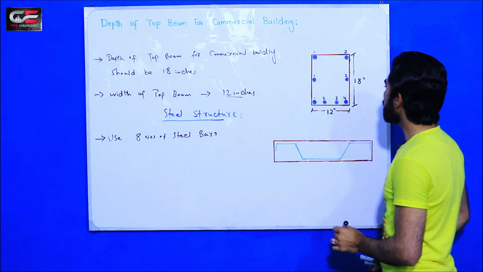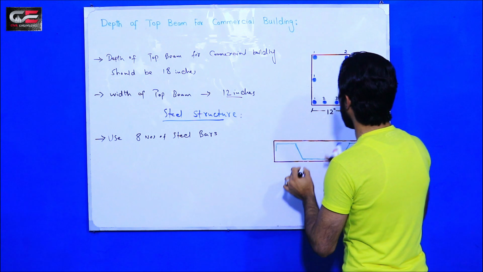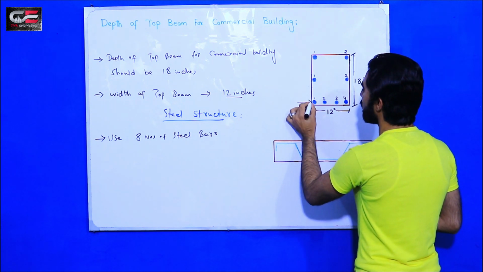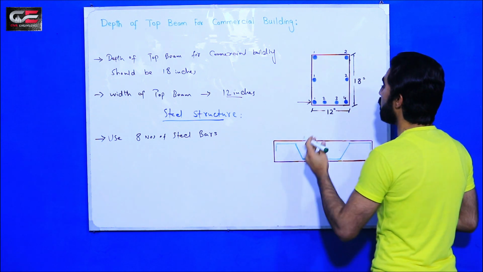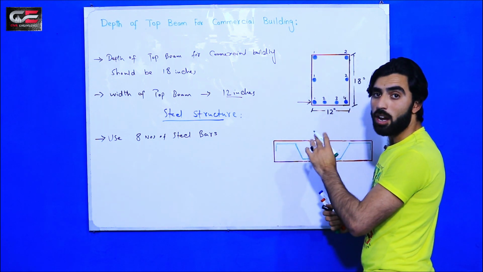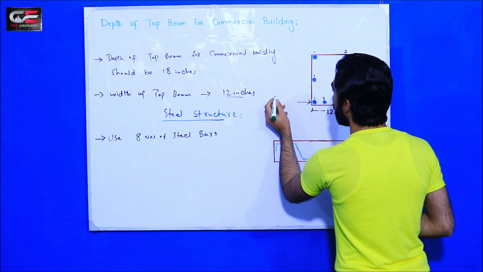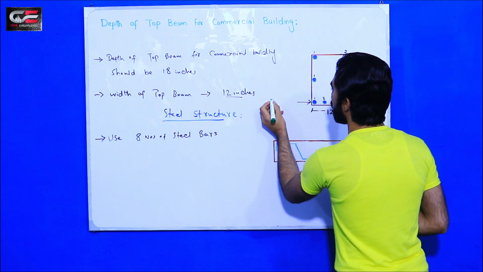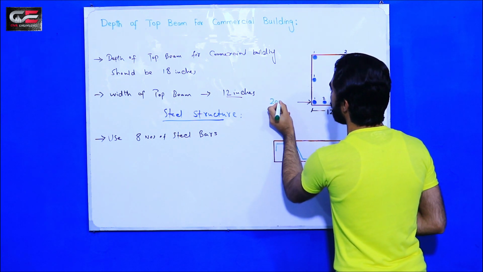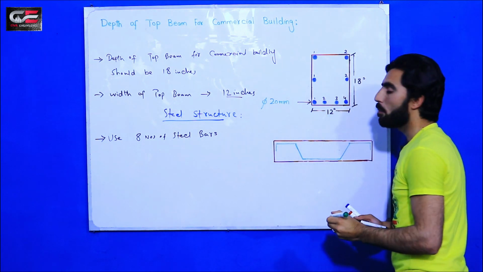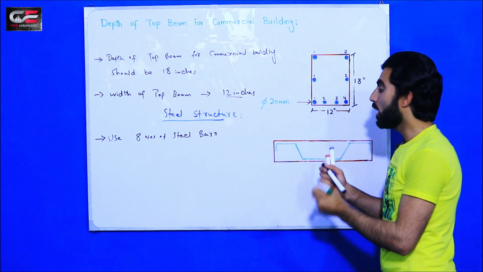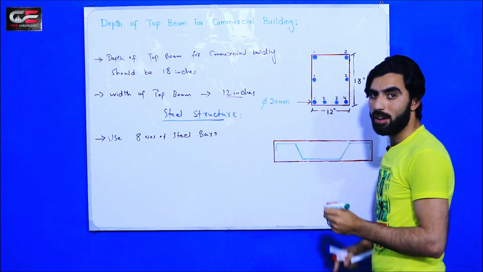Okay, now guys, you have also a question, the dia of main bars. Okay, so the dia of main bars should be minimum 20 mm. What? 20 millimeter. Okay, now there is also some points I will discuss.